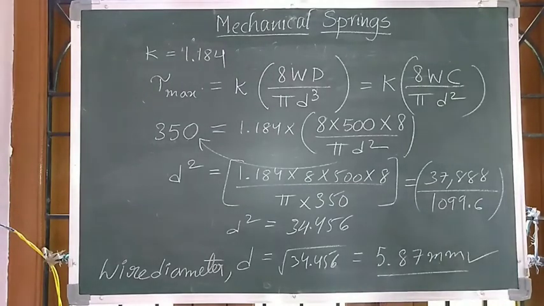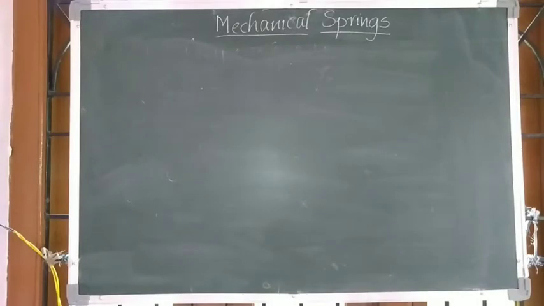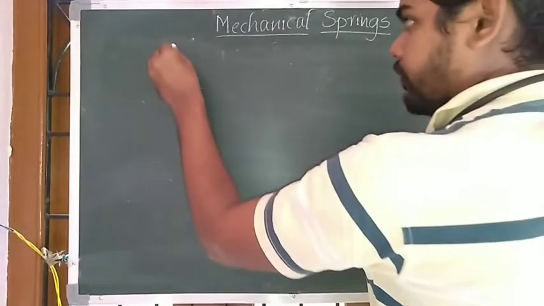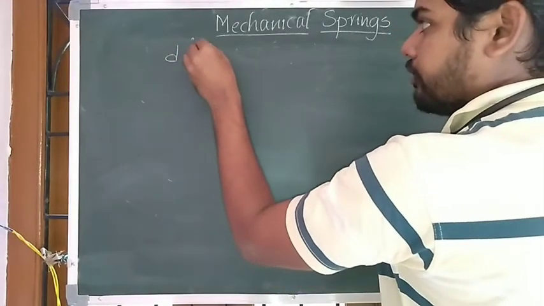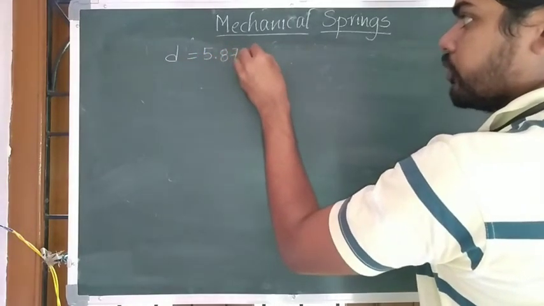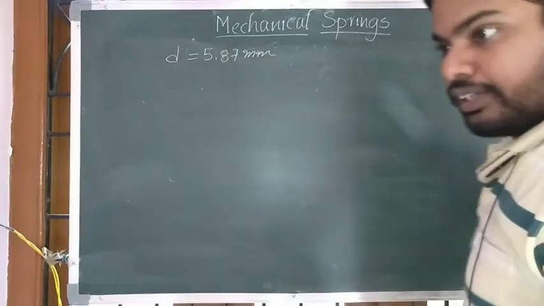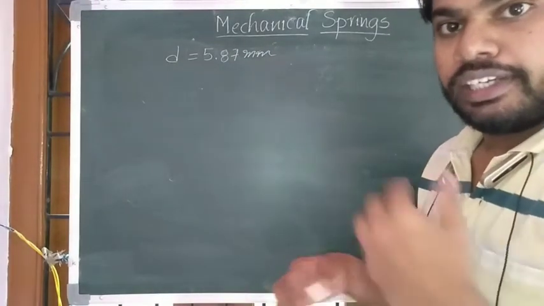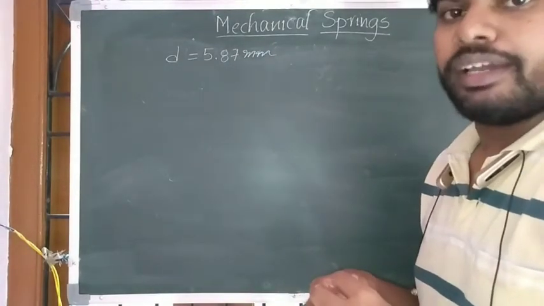Similarly, now we have wire diameter d equal to 5.87 mm. So units are very important. So we got the wire diameter. Now what do we need next? The mean diameter. So how can we find out the mean diameter?